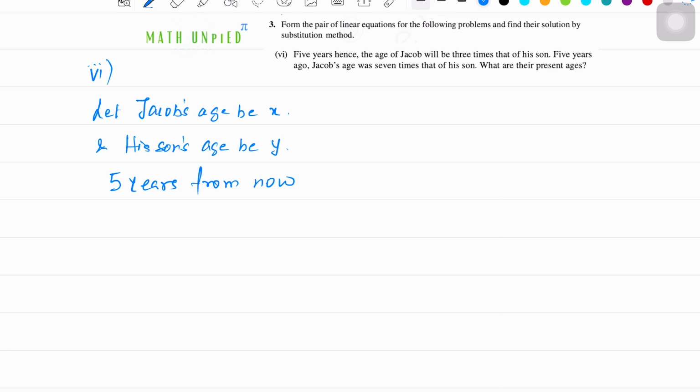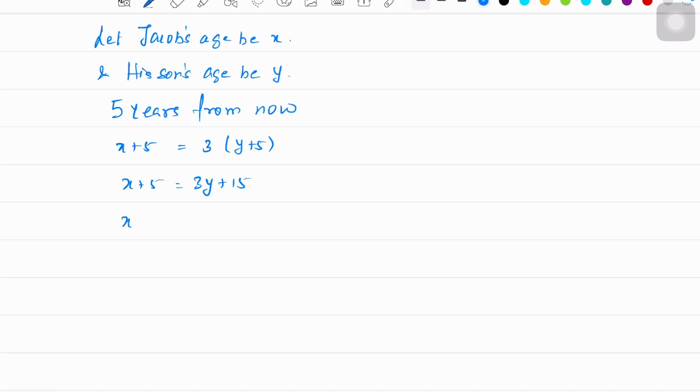So x plus 5 will be 3 times (y plus 5). And we'll expand this. x plus 5 equals 3y plus 15. x minus 3y equals 15 minus 5, or x minus 3y equals 10. Let this be equation 1.